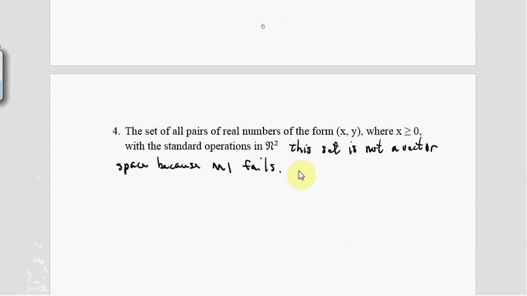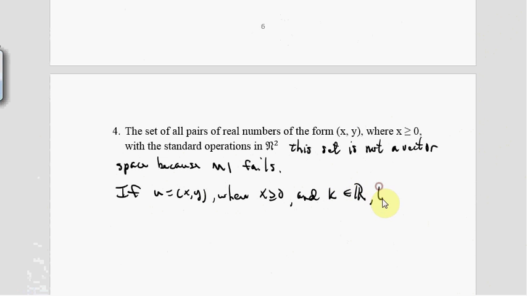So here, if u is equal to x, y, where the first component is positive, and k is any real number, suppose k is negative, because the scalar can be negative.